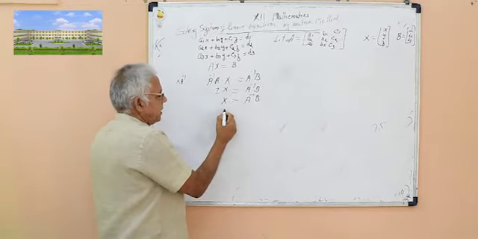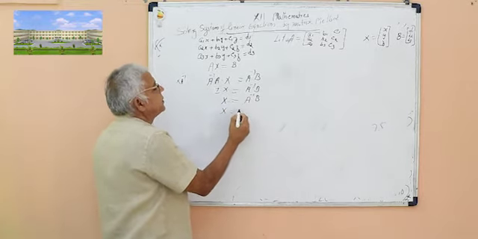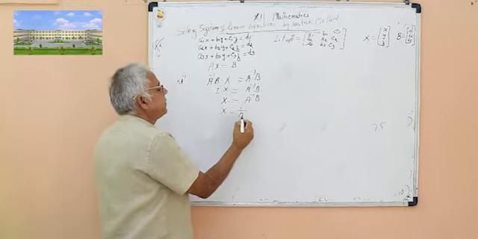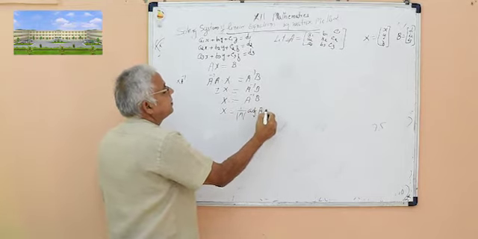Therefore, the variable matrix x is equal to 1 by determinant of A into adjoint of A into b.